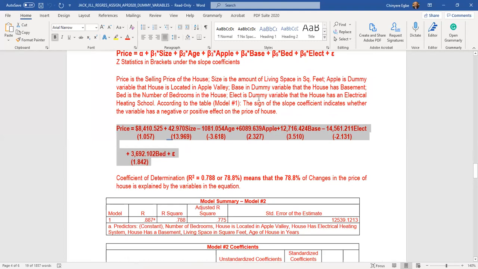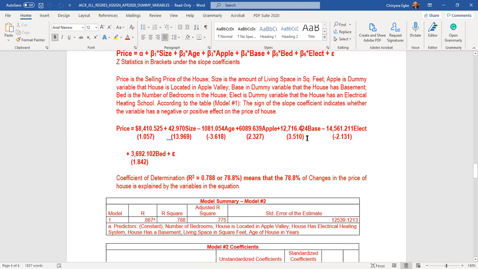Now, also, Eastville is also 0. Like here where you have a number for Apple, but if you had Eastville, this value here will be a 0. So that means when you get to this basement, is that correct? Yeah.